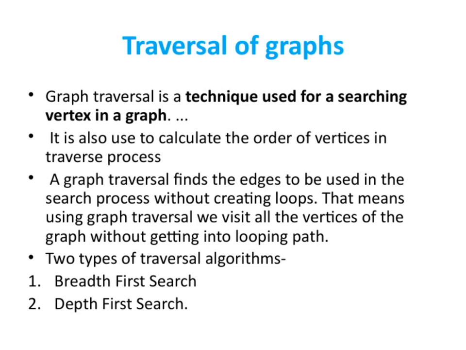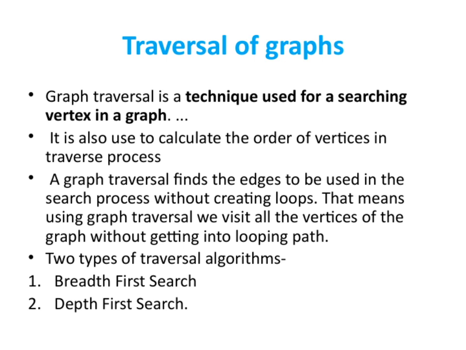Graph traversal is a technique we use to search for a specific vertex within a graph. It's really fundamental because it helps us systematically explore all parts of the graph. Additionally, traversal isn't just about finding vertices. It also helps us determine the order in which these vertices are visited during the process.